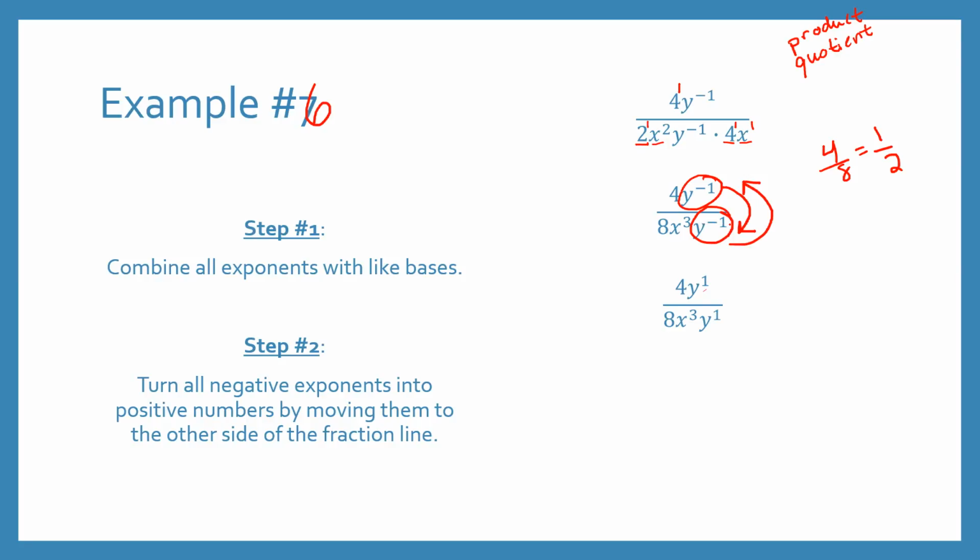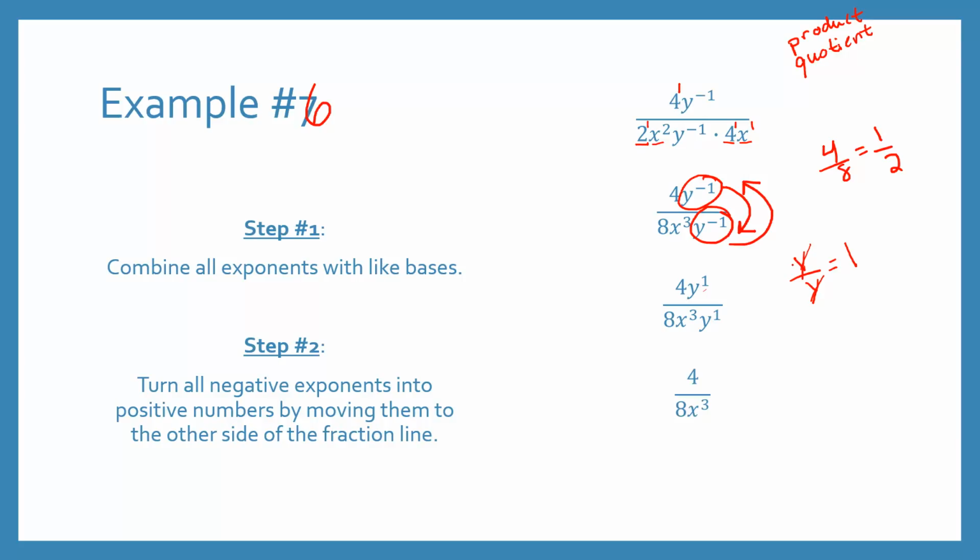And when y to the negative first, that's in the numerator, moves to the denominator, it also becomes positive. Okay? Now, since they're both positives, think about that. Y to the first over y to the first. That's like y over y, which becomes just 1. Or really, it's kind of like cross-canceling, it just cancels out. And so those are just gone now.